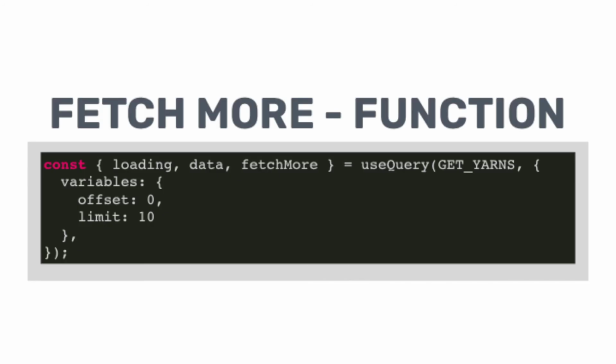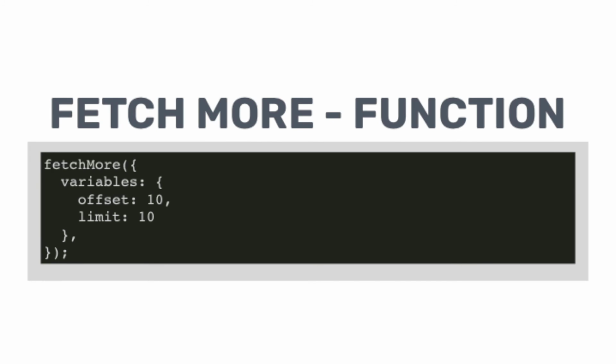So that's a possible scenario, and that's why I wanted to talk about this in my presentation. The recommended way to get more data with Apollo Client is the fetchMore function, which is actually a member of the ObservableQuery object from the client's watchQuery. It's also added as a part of the object that's returned from the useQuery hook when querying things from the backend. When we are calling the fetchMore function, we can provide a new set of variables.